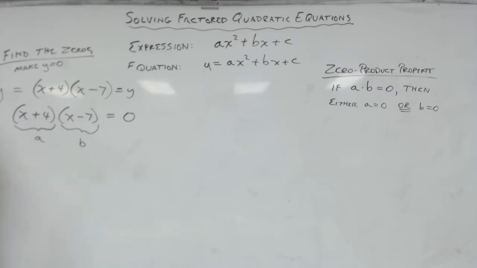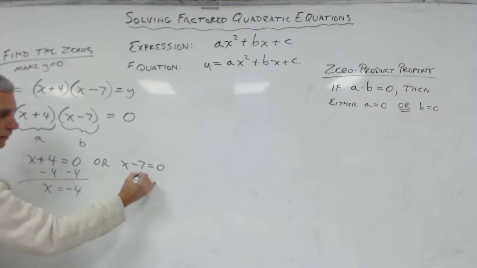What I do is I create two equations. x plus 4 equals 0, and I write the word or, x minus 7 equals 0, and I solve for x. Either this equals 0 or this equals 0. So I've got my two equations, and I'm going to solve for x. I'm going to subtract 4 from both sides, and that gives me x is equal to negative 4.